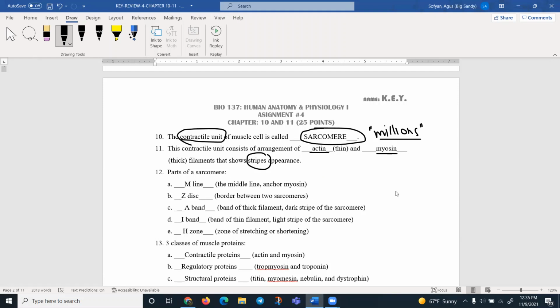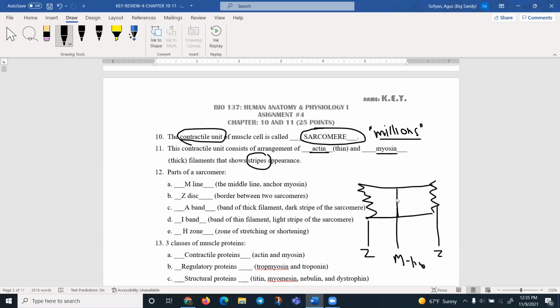So in the sarcomere, each sarcomere is bordered by a protein called the Z-disc. So this is the Z-disc. And in the middle there will be the M line. So this is the M line in the middle.